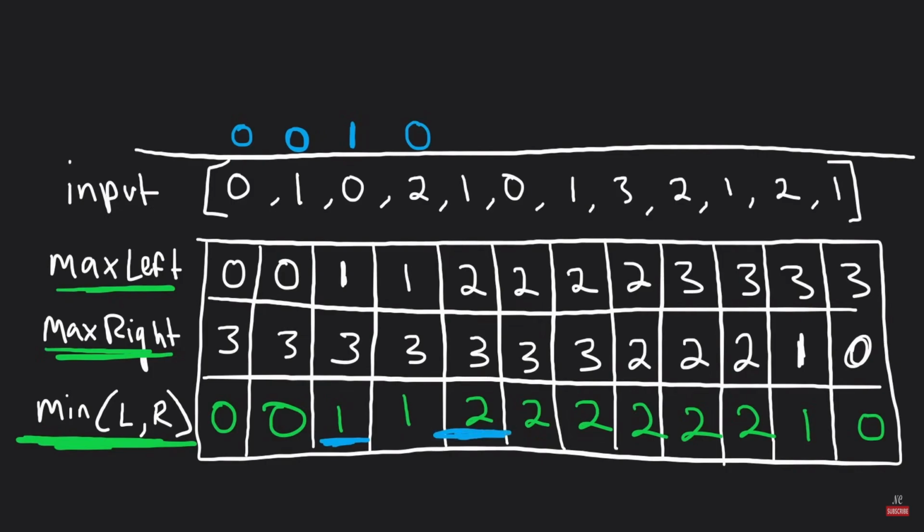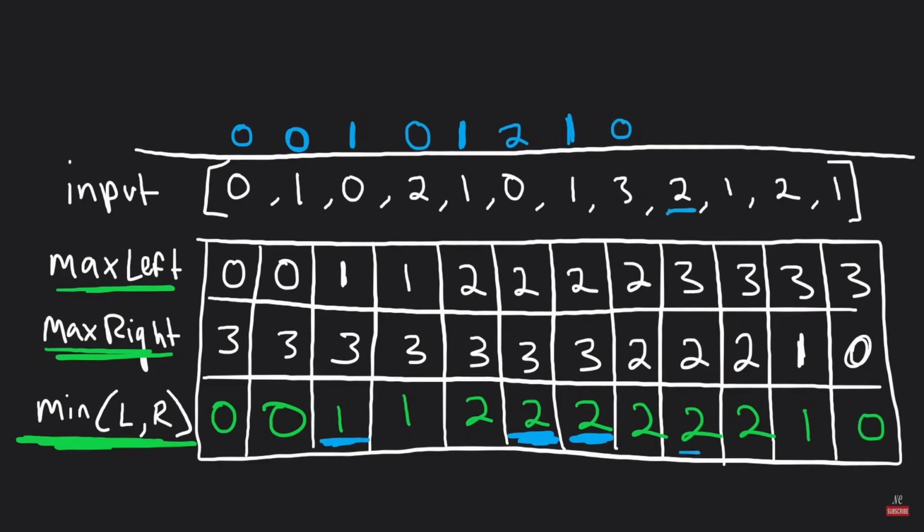Here we have 2 minus 1, so that's going to be 1, that means we can trap 1 water here. This is 2, so the maximum boundary is 2. Minus 0, that means we can trap 2 units of water here. Next position, we have a 2 minus 1. We can trap 1 water here. Here we have 2 minus 3. That's going to be negative. We can't trap any water here.